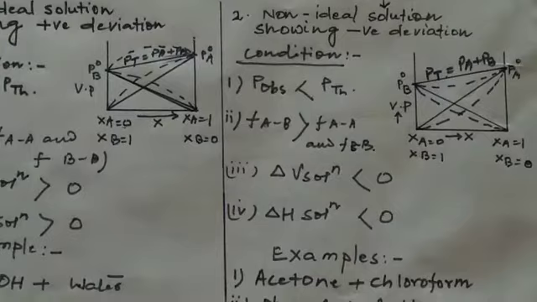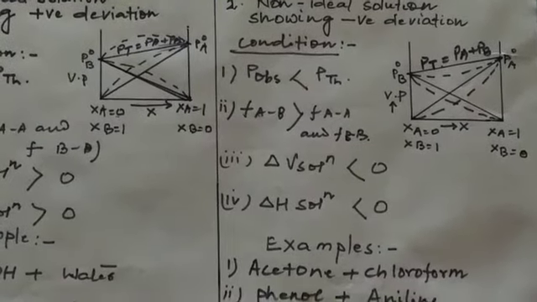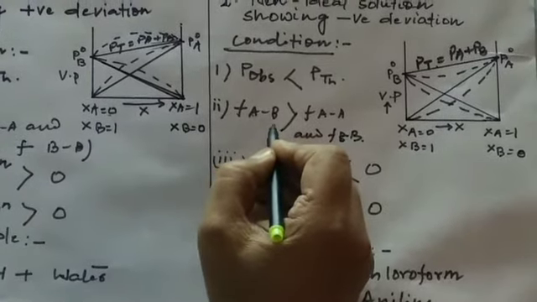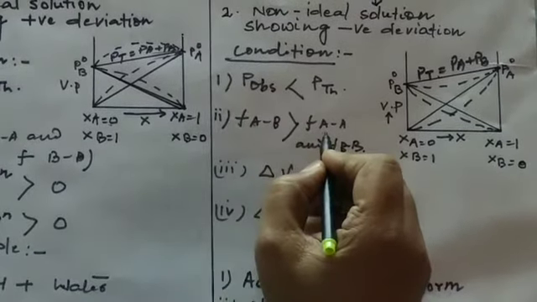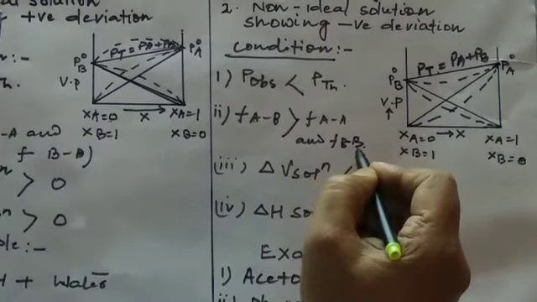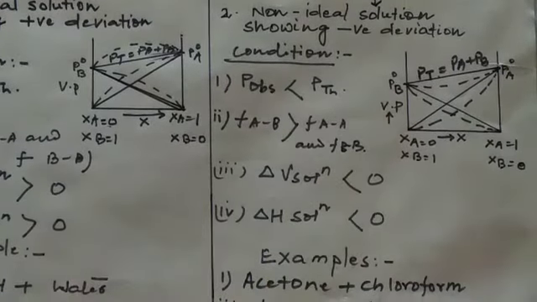Number 2, the intermolecular force of attraction between the components A and B must be greater than the force of interaction between the components AA and the force of interaction between the components BB. So what does it mean?